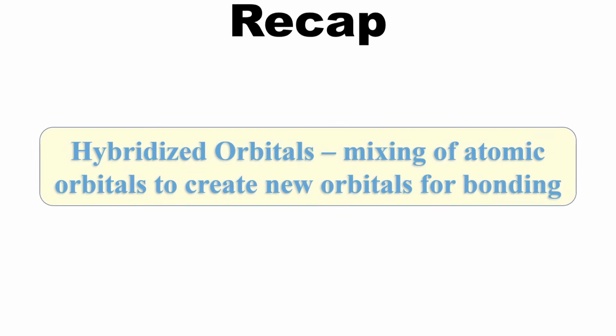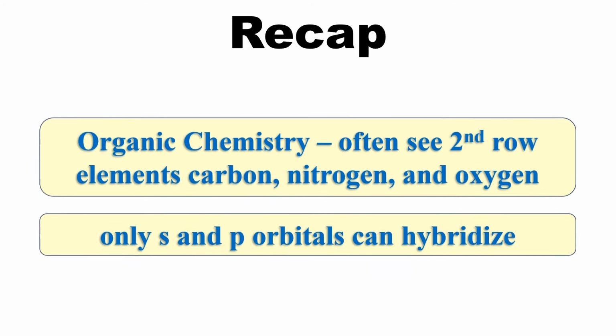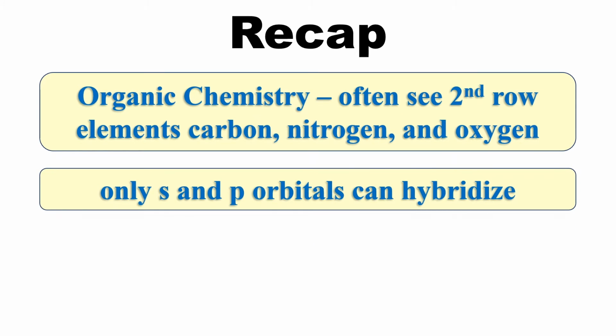Now, let's recap. Hybridized orbitals is mixing of the atomic orbitals to create new orbitals for bonding. In organic chemistry, we often see second row elements carbon, nitrogen, and oxygen. Only s and p orbitals can hybridize for these elements.